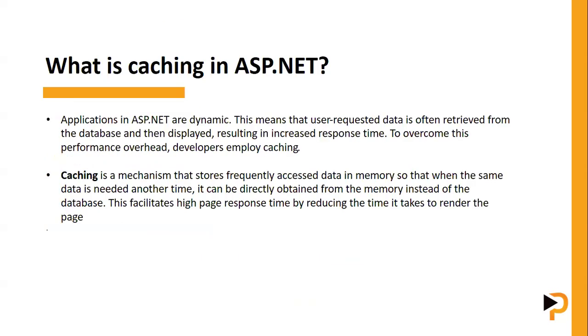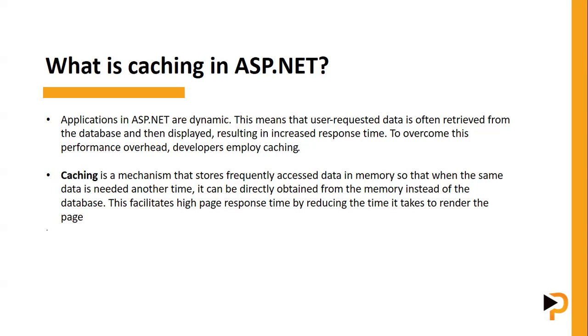So let's go ahead with the next concept of today's video, which is caching. Applications in ASP.NET are dynamic. This means that user requested data is often retrieved from the database and then displayed, resulting in increased response time. To overcome this performance overhead, developers employ caching.